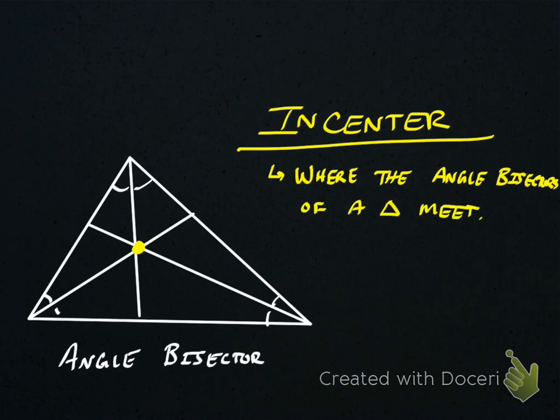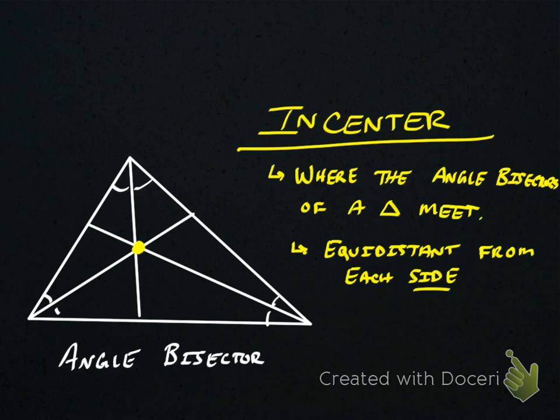And the cool thing about the incenter is it is equidistant from each side of the triangle. So this point is exactly the same distance from each side of our triangle.